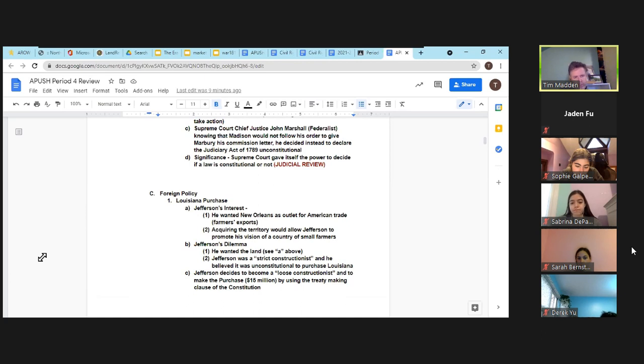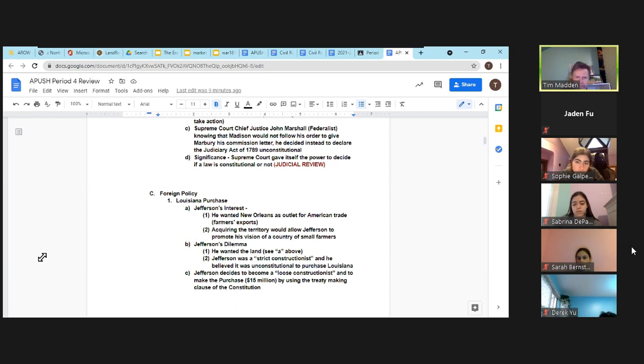His advisors said that's not a good idea, that you should take advantage of it now, that Napoleon could change his mind. And so ultimately, he adopts a more loose constructionist view of the Constitution and says that the purchase falls under the president's power to sign treaties and the Senate's power to ratify treaties. Okay, and he makes the purchase.